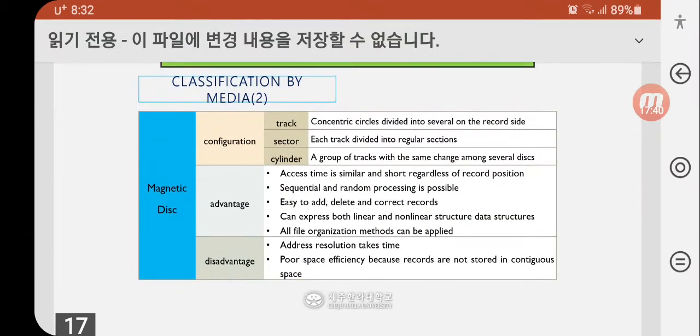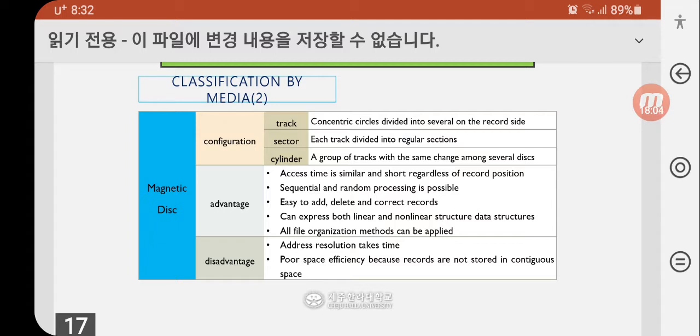This slide is about magnetic disk, just like a hard disk. Magnetic disk is configured with three sections: track, sector, and cylinder.